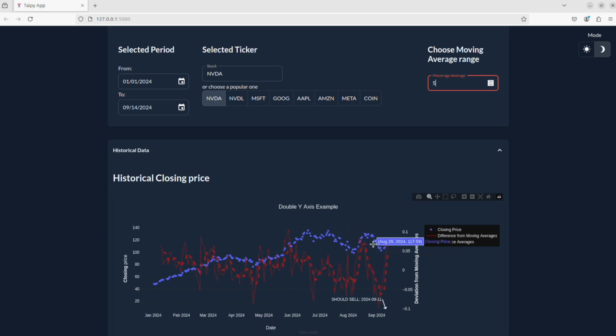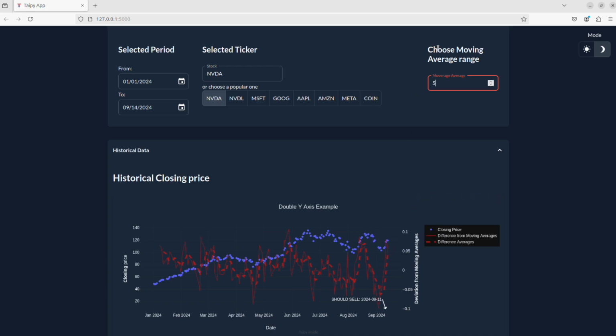So ideally, I would like to see the tipping points of this line, like the local maximum point or the local minimum point, correlate with the actual local maximum and local minimum points of the actual closing price, right?